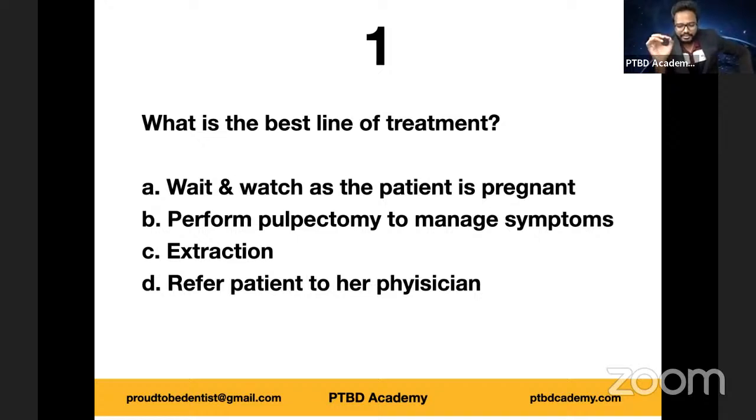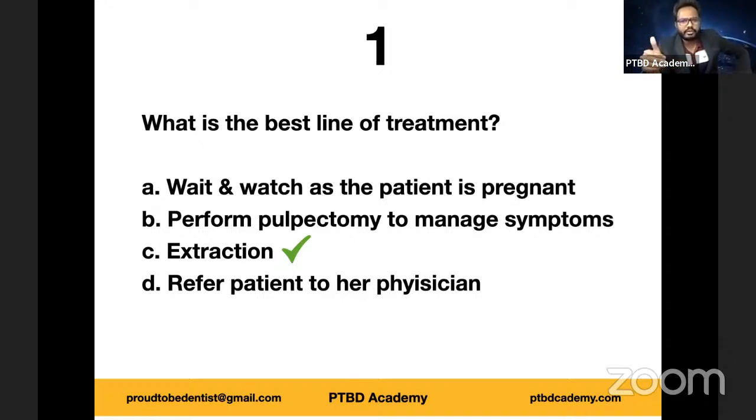So as some of you, I think majority of you have chosen option C, extraction is the right answer. Because in the context, we mentioned that it's a case or context of second trimester. What is the best line of treatment in this particular context? Yes, we can go with extraction. It's not an absolute contraindication.